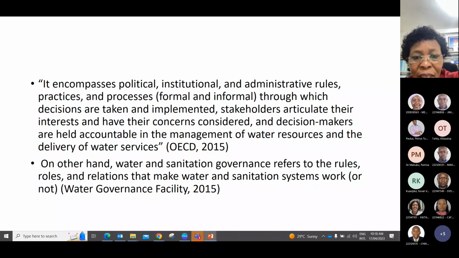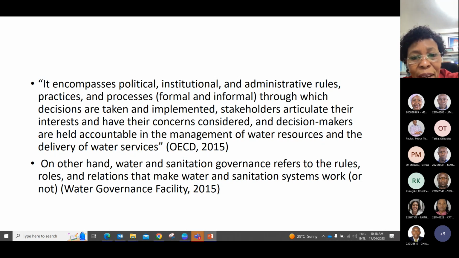But stakeholders, it's not necessarily a new variable in the second OECD definition, because when you talk of matters of political, social, and economic and administrative, you're talking of different actors or stakeholders thereof. But the only sort of new variable that comes in here is the accountability part. And honestly speaking, good governance, be it in water, sanitation, or anything, accountability should be part of it.